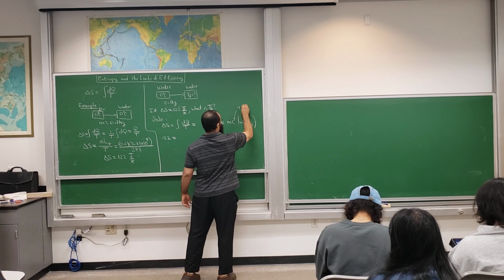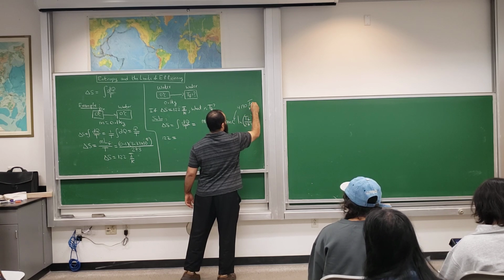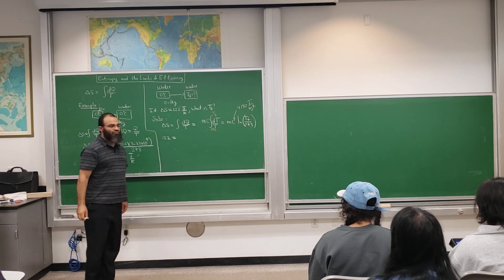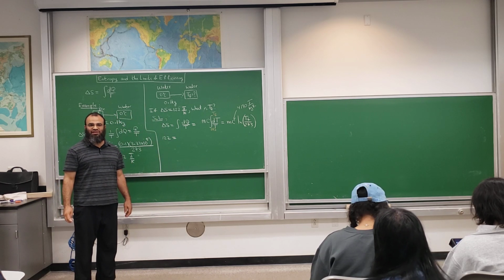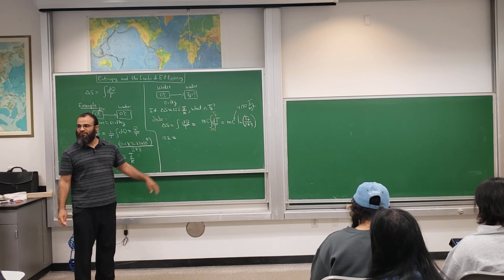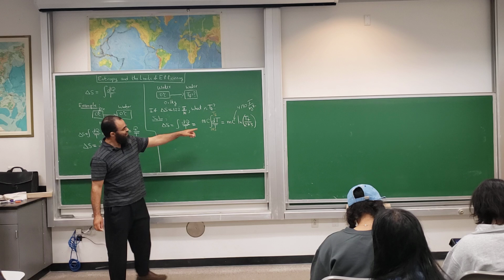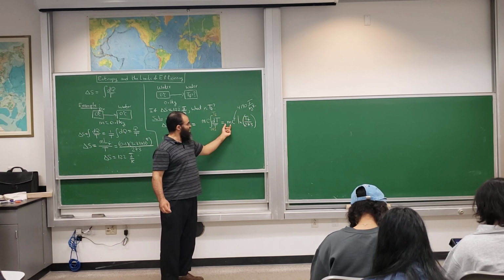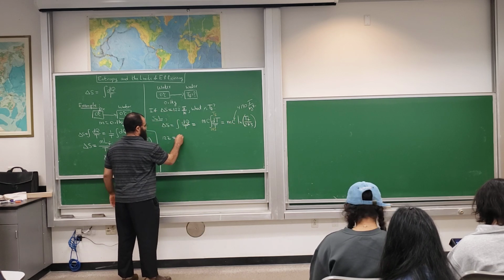About 4190 joules per kilogram degree Celsius or Kelvin. 4200 about, 4190, 4186. So let's just go with that number. So 0.1 kilograms times c, you get 419.